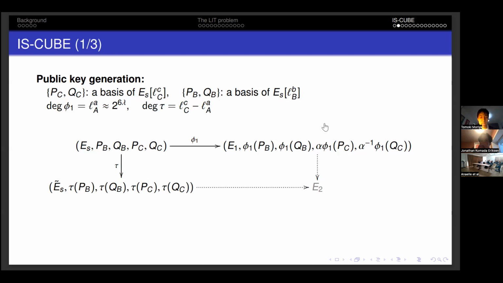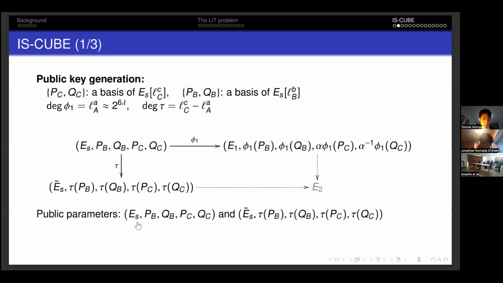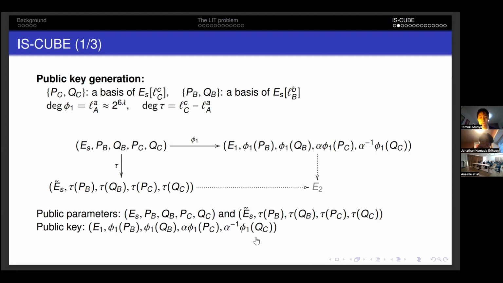So she used here the technique from the CSIDH problem. And the public parameter is ES, PB, QB, PC, QC, and the isogeny tau. And the public key is E1, phi I PB, phi I QB, and alpha phi I PC, and alpha inverse phi I QC. And the secret key is this isogeny phi I and the scalar alpha. Okay, this is the public key generation.